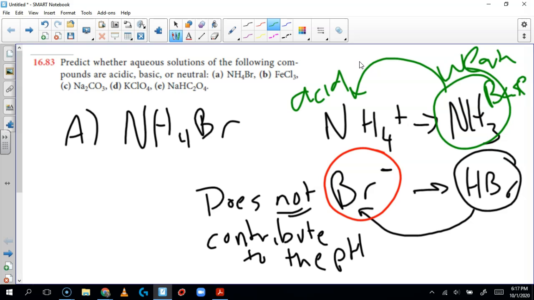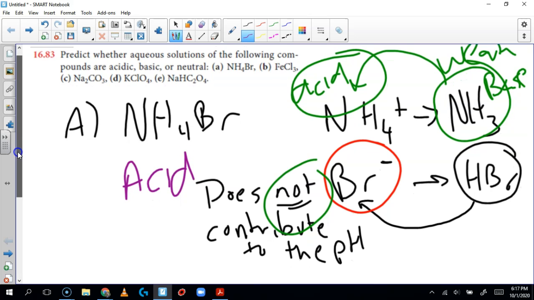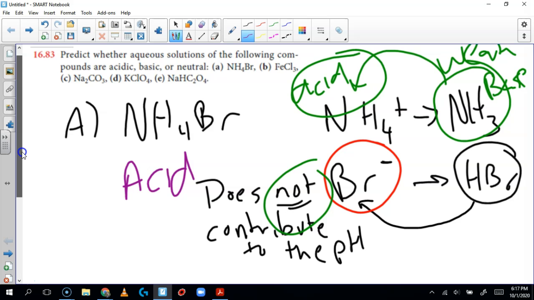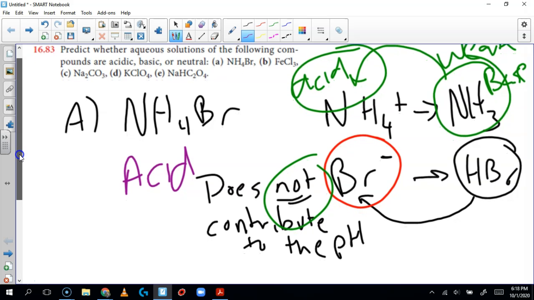So NH4 plus is acidic in the solution. We have something acidic and something that does not contribute to the pH, so ammonium bromide will be acidic when it's dissolved. When we go through this list of compounds, we're going to have to decide if the conjugates are strong or weak acids or bases.